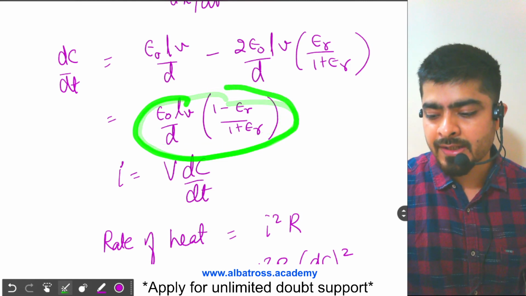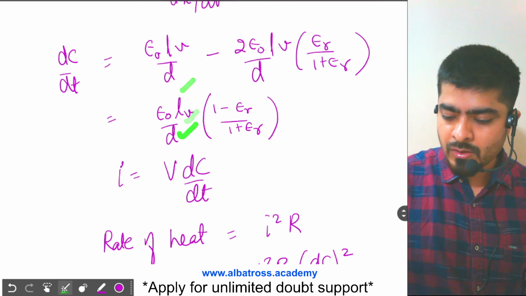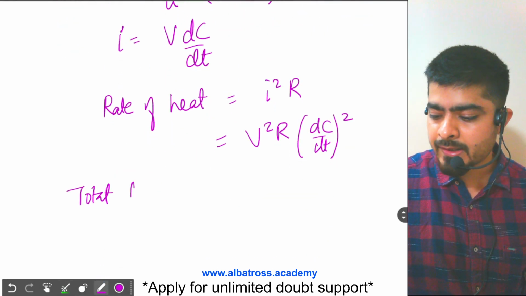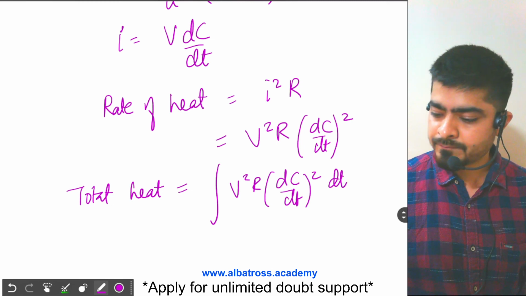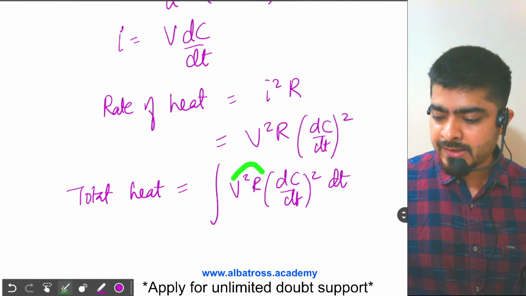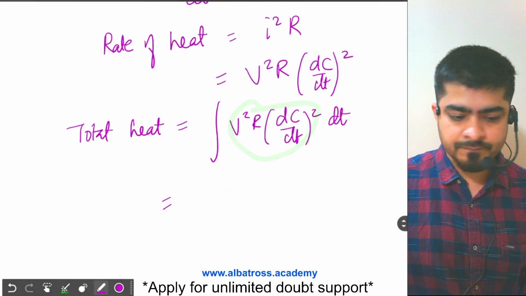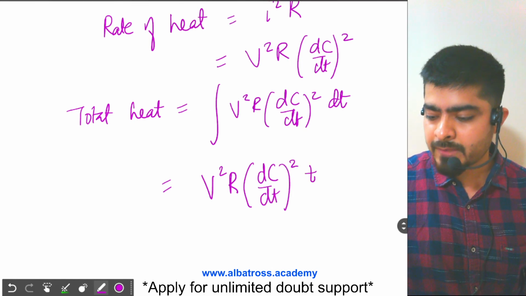Velocity is a constant, length L, d, everything is a constant. So total heat will be the integration of V square R times dC by dt whole square times small dt. Since this entire expression is a constant, we will get this to be equal to V square R times dC by dt whole square multiplied by t.